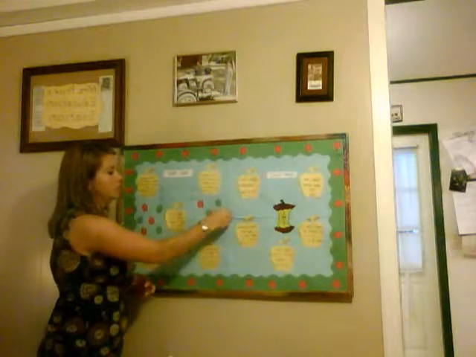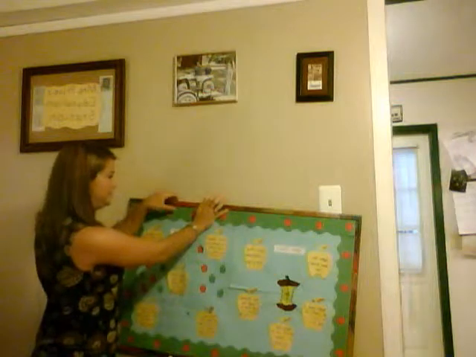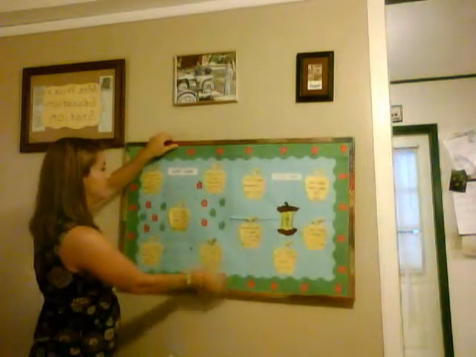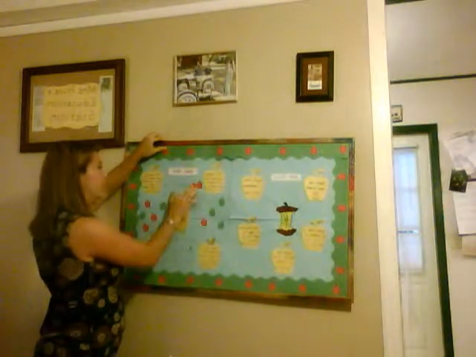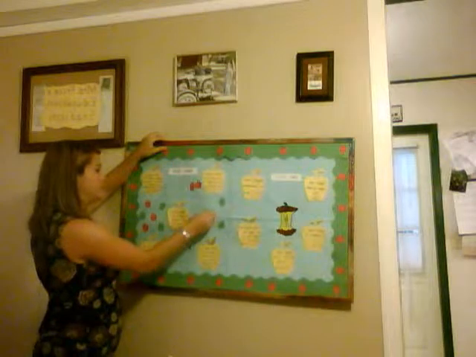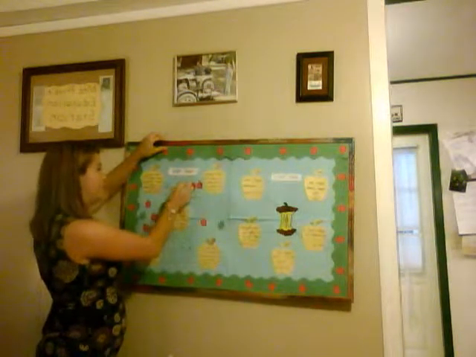So the child that I choose could come up here and take 2 red apples and place them on the board, and I'll hold it just so that won't happen again. And then take 2 green apples and place them on the word problem that I have written out.